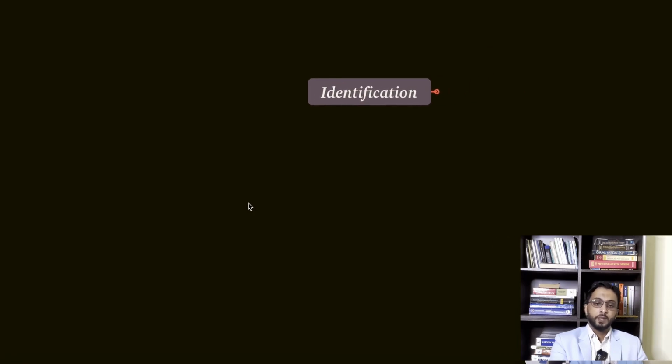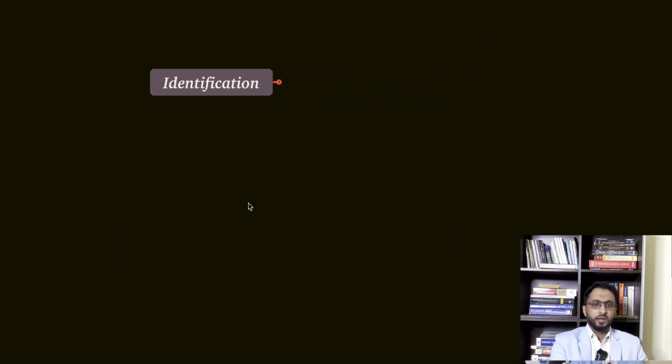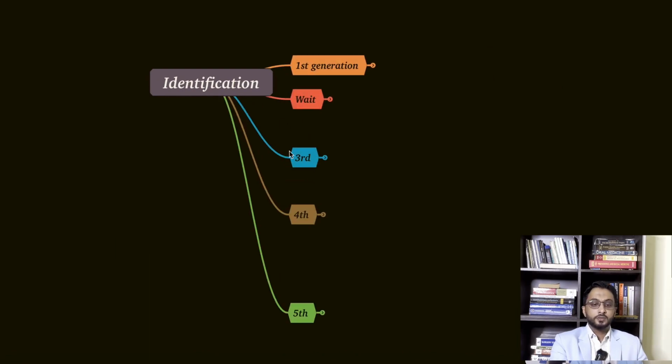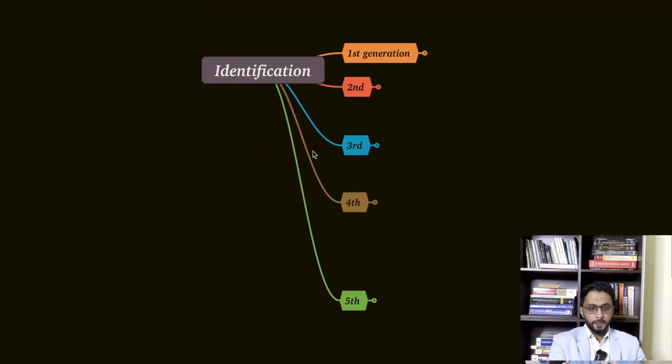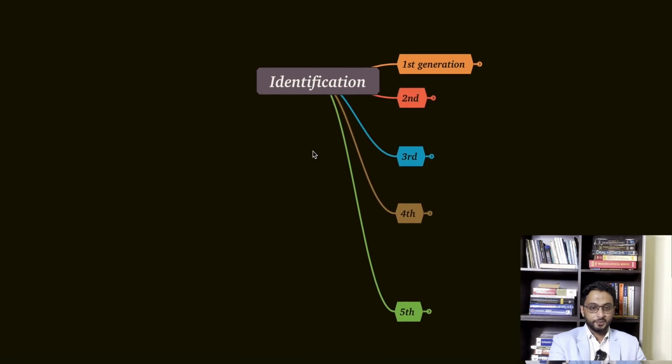How to identify the first generation, second generation, third generation. For the second generation you have to wait, it's not right there. Then we'll go to the third, fourth and fifth. I'll tell you what the wait is, don't worry.